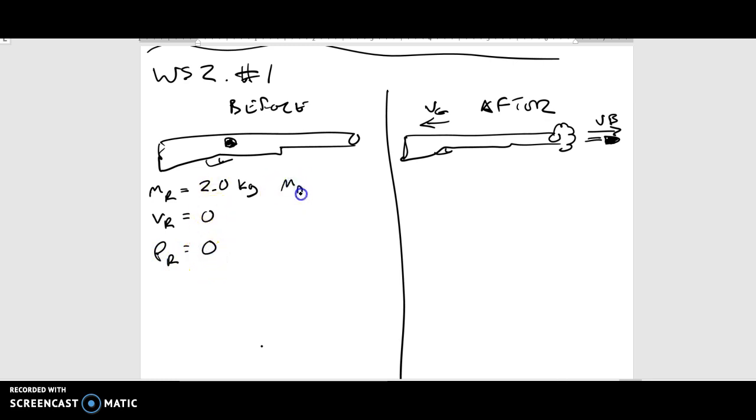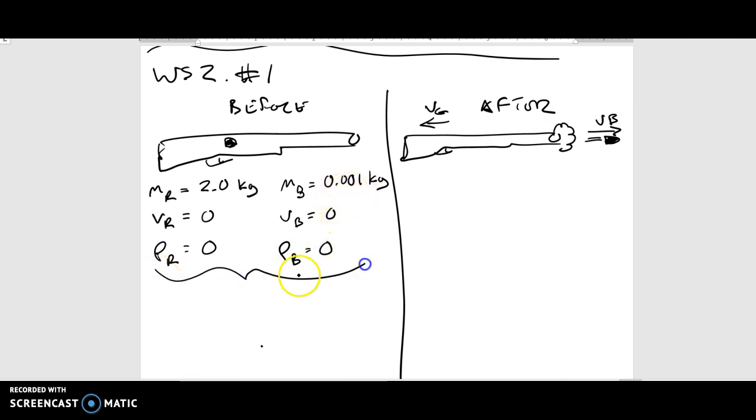Do we know the mass of the bullet? Notice we got to account for all this stuff. Sure we do. It's 0.001 kilogram. Do we know the velocity of the bullet? Sure we do. It's 0. It's just sitting there in the gun. Do we know the momentum of the bullet? Sure we do. It's 0. It's that times that.